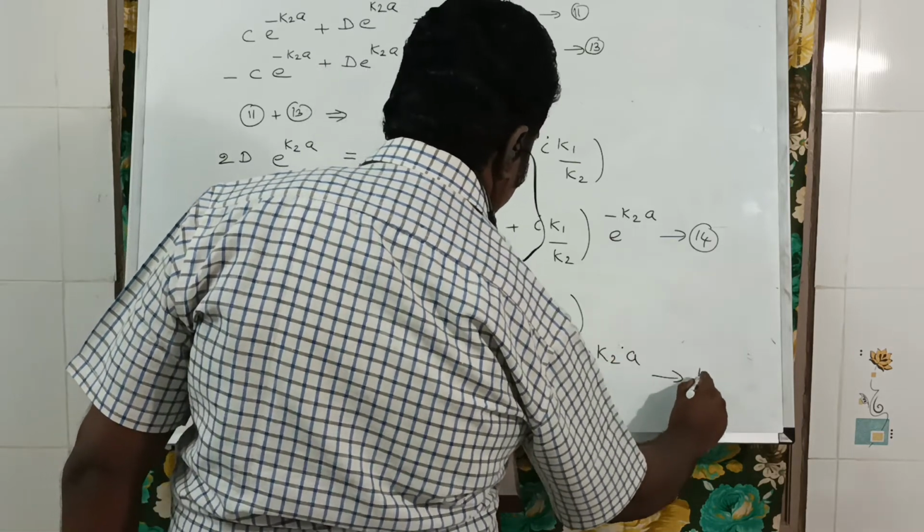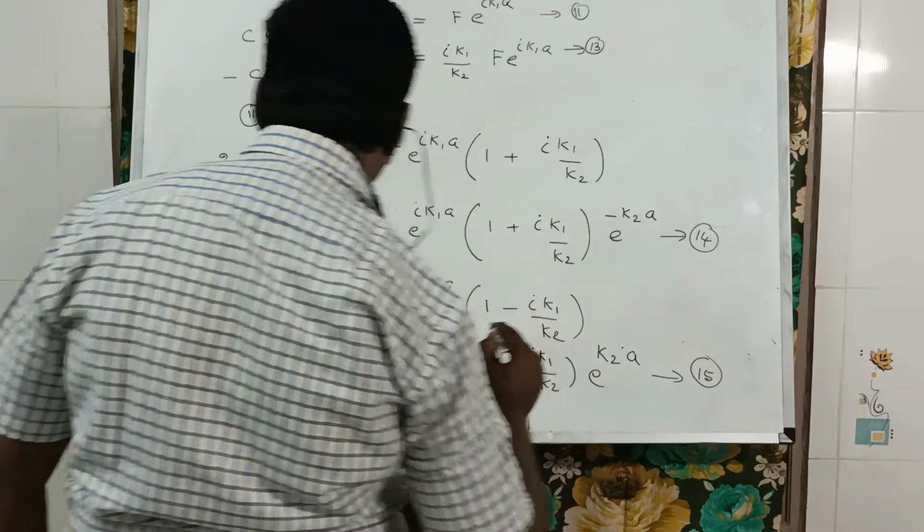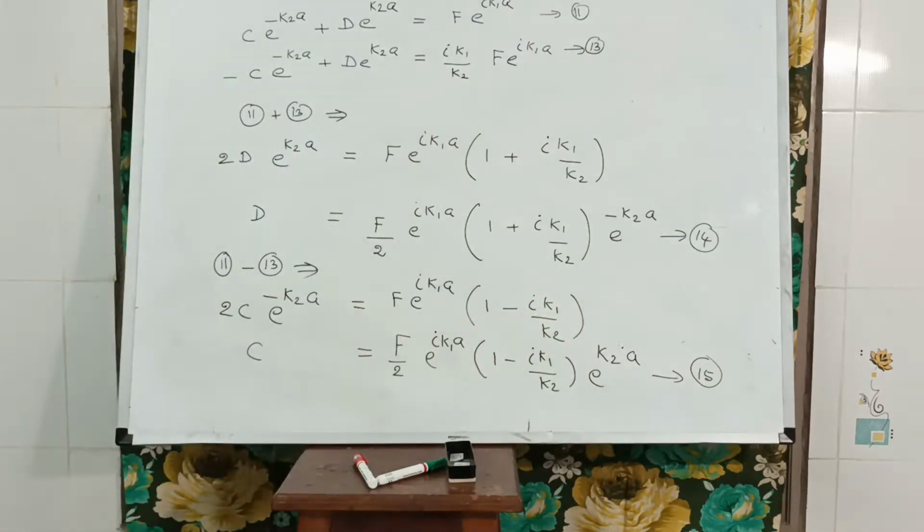This is equation number 15. So this is the value of C. We have arrived at the values of C and D from equations 11 and 13.